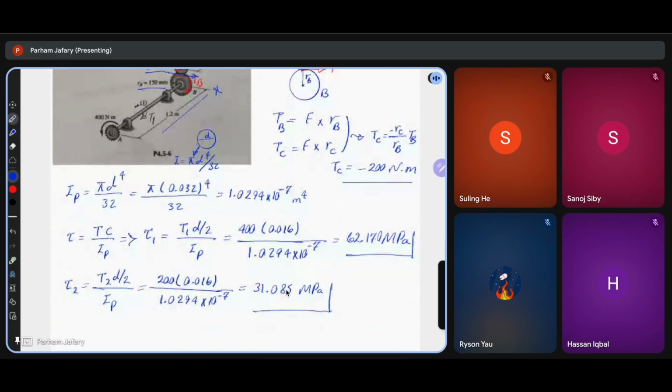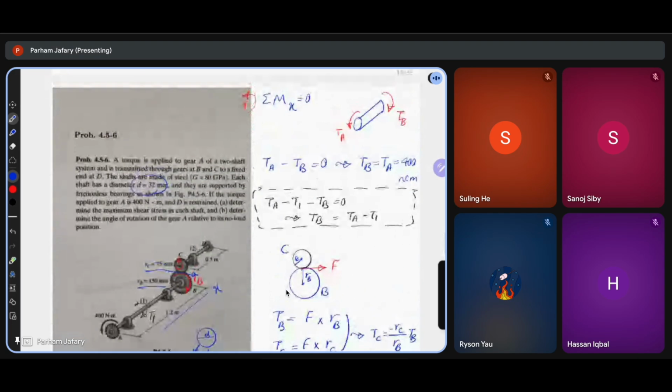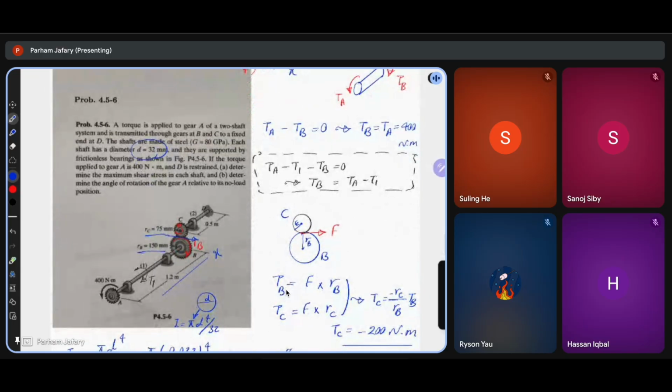Do you have any questions up until this part? How many of you have actually had this lecture? Only one? Okay. So not having any questions makes sense.